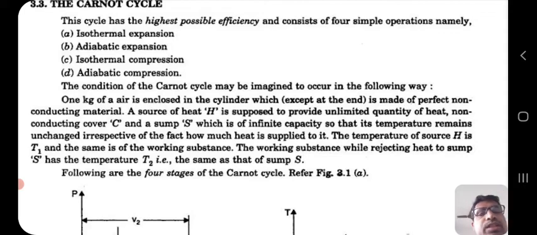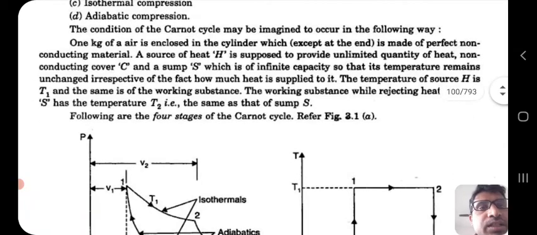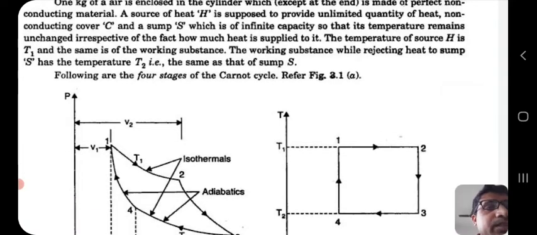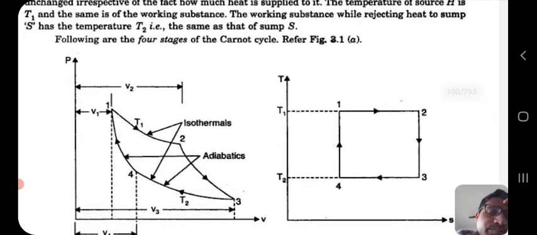A source of heat H is supposed to provide unlimited quantity of heat. A non-conducting cover and a sink which is of infinite capacity so that its temperature remains unchanged irrespective of how much heat is supplied to it.